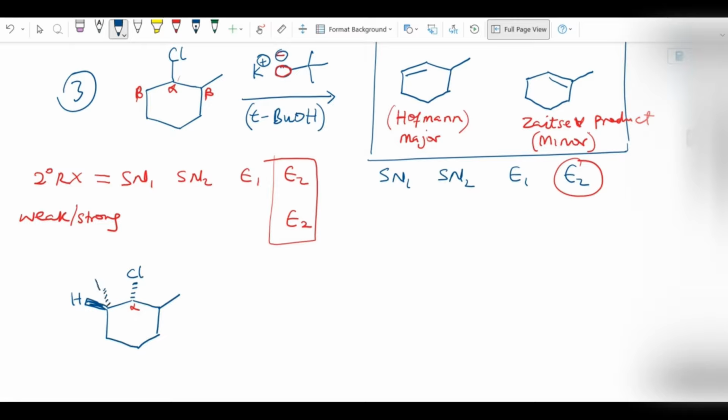This beta carbon has two hydrogens. But you don't have to show stereochemistry if the structure in the question doesn't have it. I'm just doing this for explanation's sake.